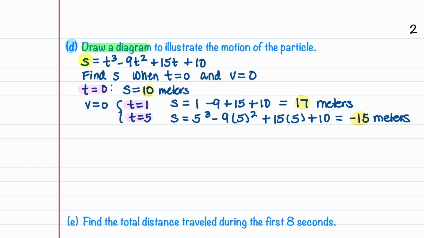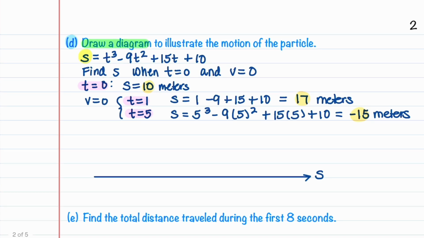Since this diagram illustrates the motion of our particle, we're going to have a number line here, and this is going to be in terms of our position s. The position numbers I highlighted in orange, so we need to put in minus 15. We need to put in 10. This is not really going to be to scale.